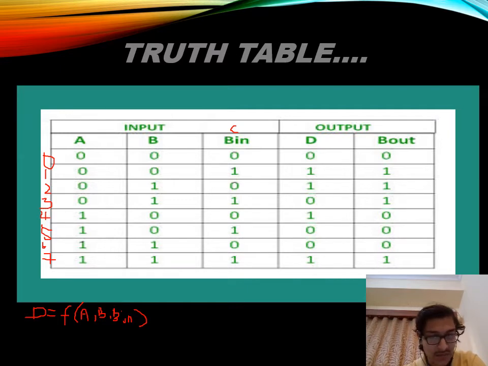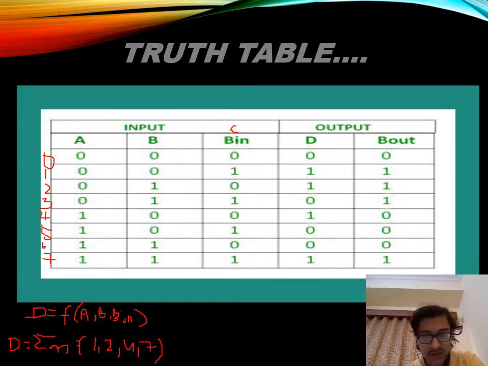So we will get minterms 1, 2, 4, 7. Here difference is high for 1, 1, 1 and 1, and this is for difference D. We'll equate it to D.